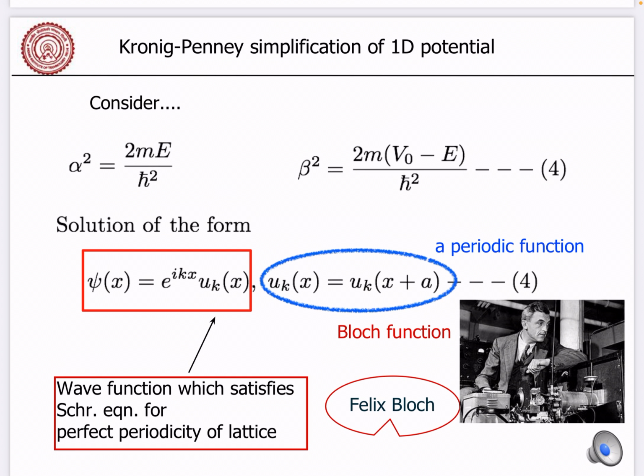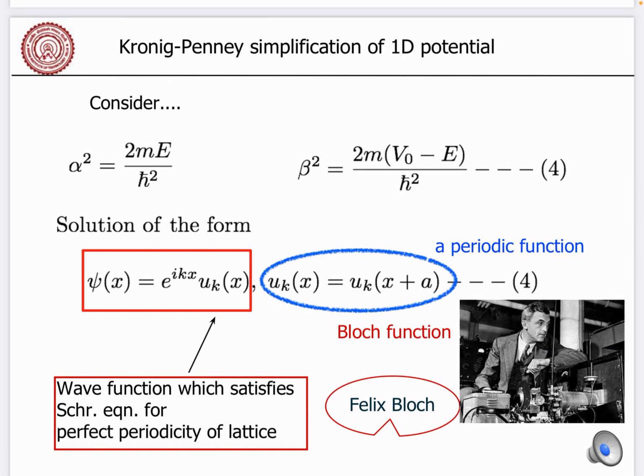What Felix Bloch has shown is that the wave function of an electron which experiences a periodic potential in a solid must be given by e to the power ikx times a periodic function u k x, which has the periodicity of the lattice. So this is the Bloch function.